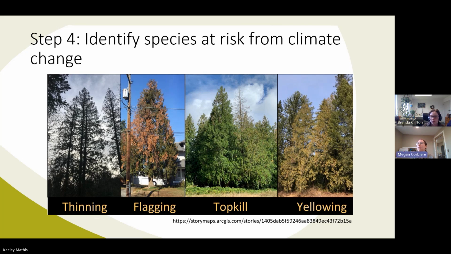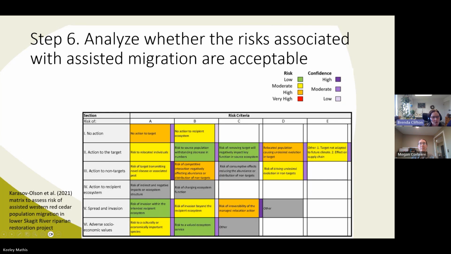What metrics are you using to define when migration is too risky? So Karasov-Olson give you a few metrics that decide that it is too risky. One is the confidence level is really low, like you don't have enough information to be sure about your answers.